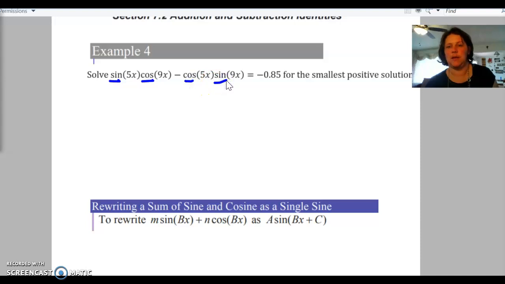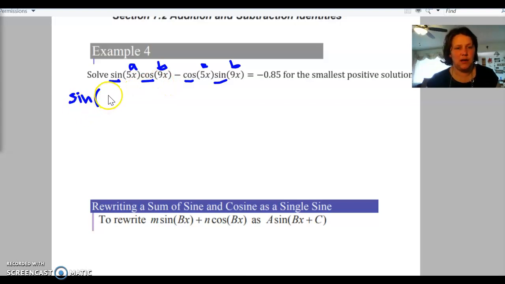And remember that a sine identity starts with sine and ends with sine. So what we have here is a sine identity. Remember, the A's and B's are always in order, so this is A, B, A, B. So A is going to equal 5x and B is going to equal 9x.